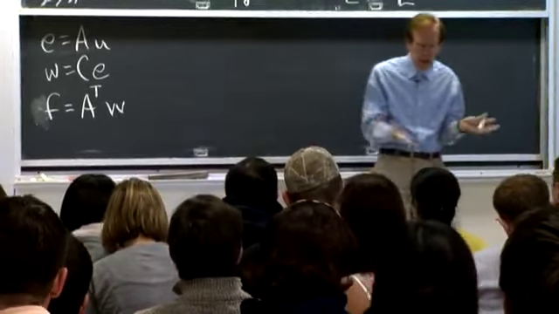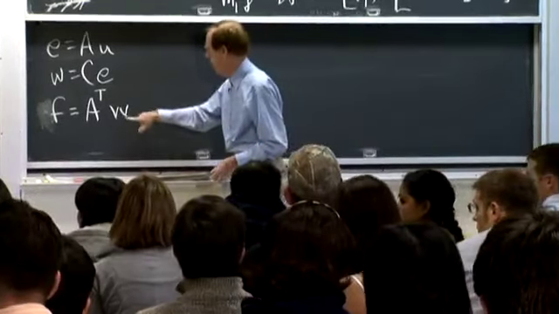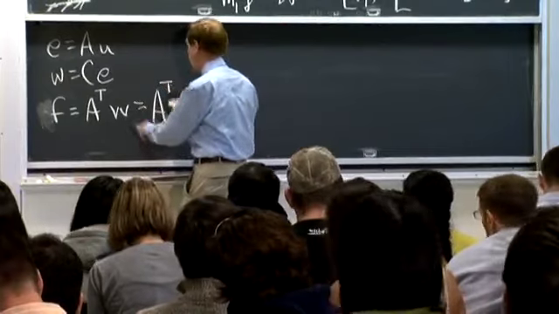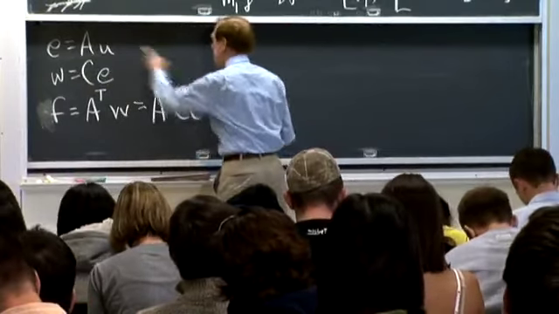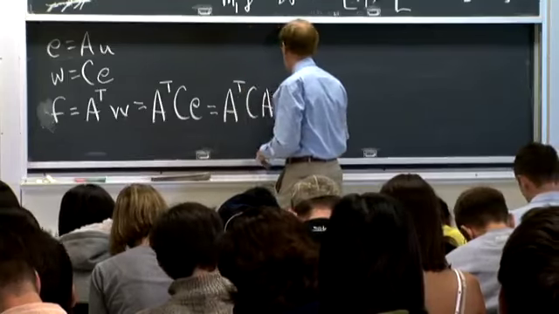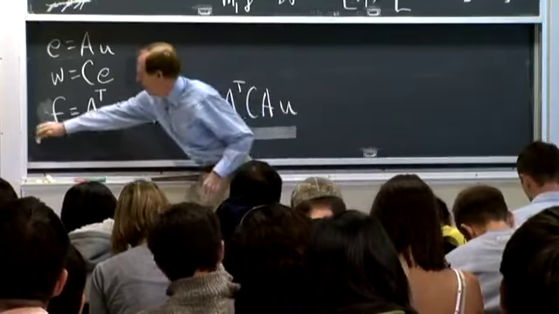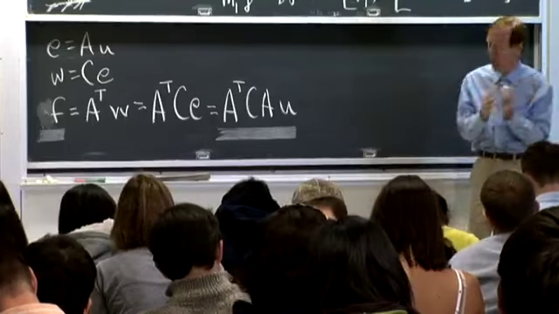Now I'm going to put them together into one equation. So this W, I'll just substitute. So it's A transpose, W is CE, and E is AU. So I have A transpose CAU. That's the ultimate. That's put the whole structure together.